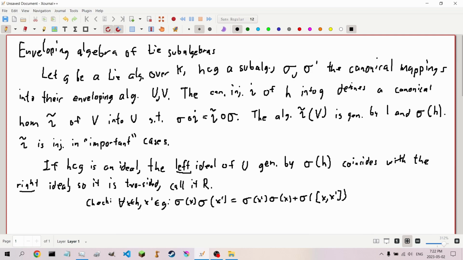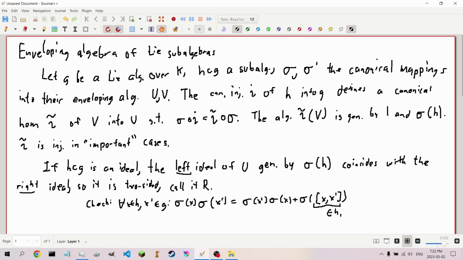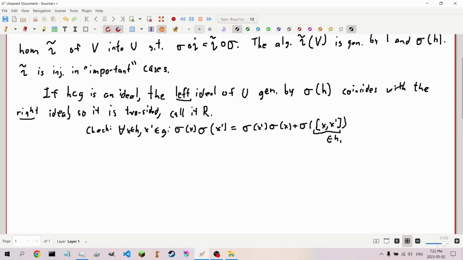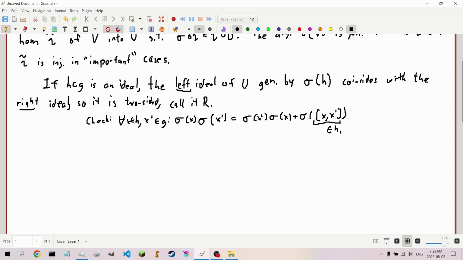And H is an ideal by assumption, so this is in H. And so this entire thing is going to be closed.